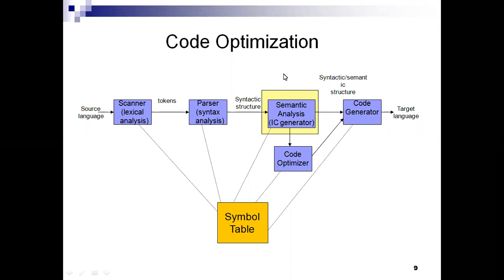That means after generating the tree, how to generate the syntax directed definitions or translations. And then from the translations, I explained the type checking, type equivalence, type systems, type conversions, and so on. That comes under semantic analysis.